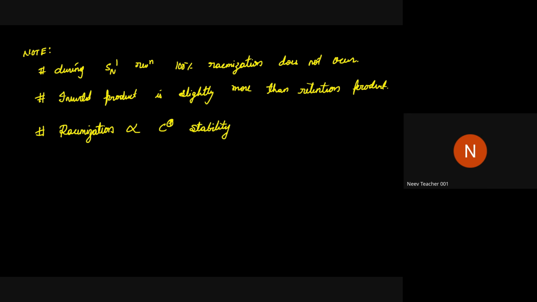The more stable the carbocation that compound is going to give, the faster or the more racemization will occur. So these three points are important in terms of stereochemistry of that reaction. Is it clear? Yes, sir.